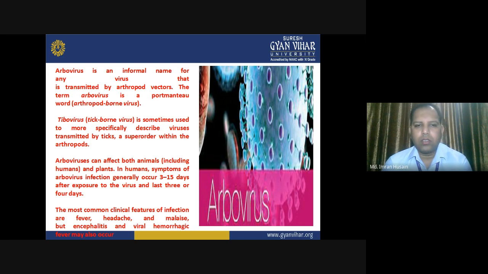This is the duration that arbovirus requires to infect an individual. The most common clinical features of infection are fever, headache, and malaise. But encephalitis and viral hemorrhagic fever may also occur. So, whenever you are infected with arbovirus, you must look into the context: what are your symptoms, what is the disease you are having, and what symptoms are you experiencing?